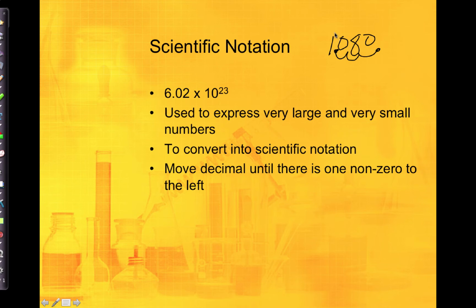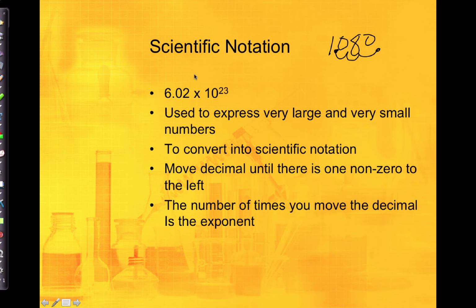So there, I have one to the left of the decimal, and that's what I'm going to do. I'm going to move the decimal point, and the number of times that I move it is the exponent. So I moved it 1, 2, 3 times, so it's 1.08 times 10 to the third power.